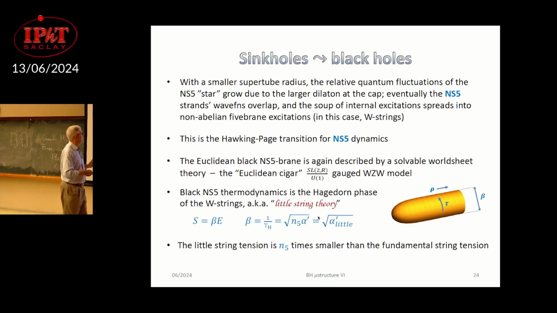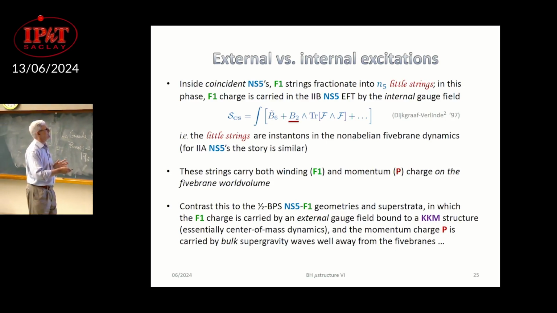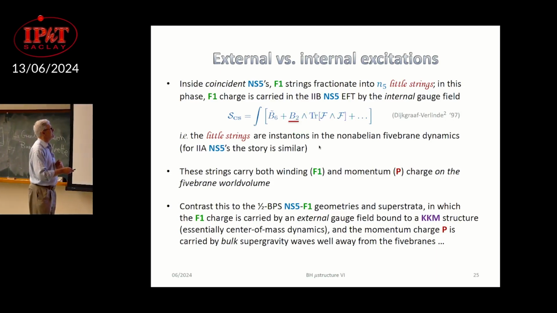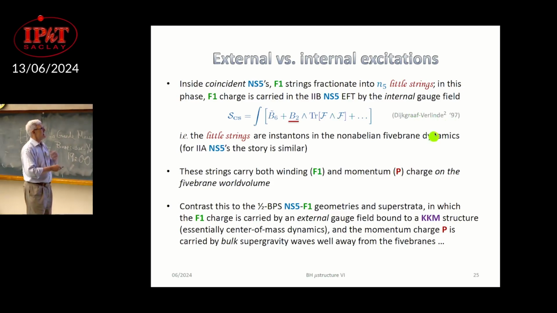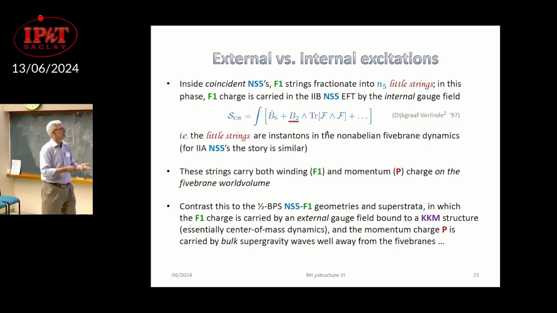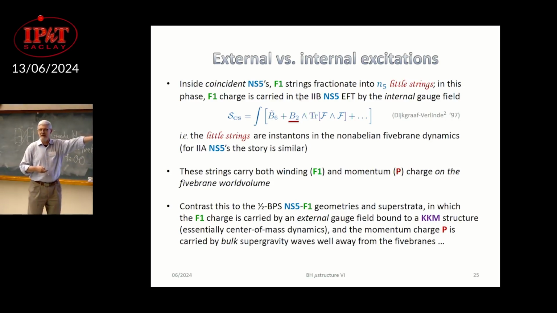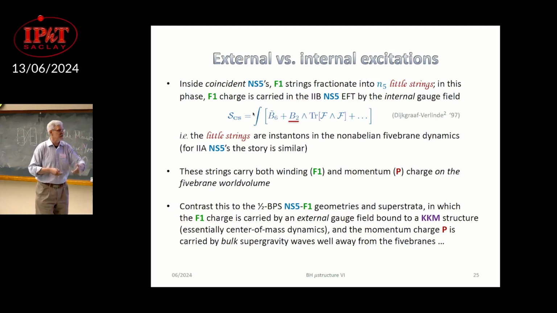So that's one way the system can carry fundamental string charge. The other way is that there's a term in the fibrane effective action which is just directly B2 wedge F. So if there are gauge instantons, and this is the way that Dijkgraaf and Verlinde were thinking about it back in the day, if there's some kind of non-abelian instantonic configuration, then that also sources a B2. That's a completely different way that the system can carry string charge. And once you have the string charge, of course, there's an effective description where it can also carry momentum, because an instanton in the 5+1 dimensions of the fibrane worldvolume is a string.